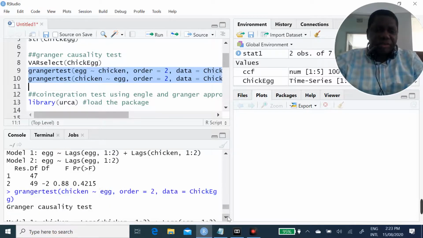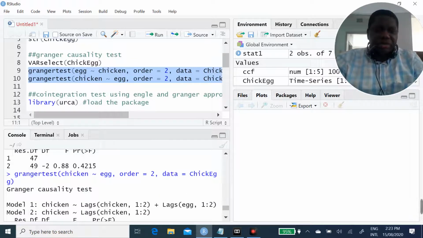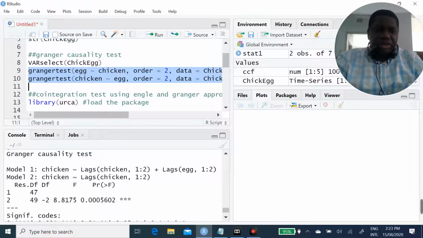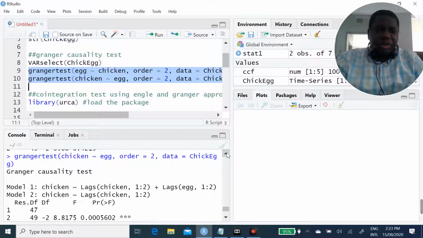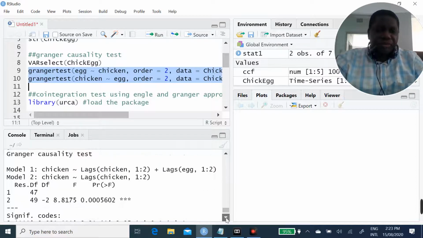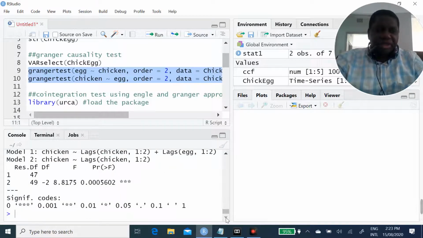But if you look at the second equation, let's check the F. Yeah, this is the F, and it's significant. So we can conclude here that egg actually Granger causes chicken. Straightforward, super simple. Now we know the direction of causality. It's unidirectional.